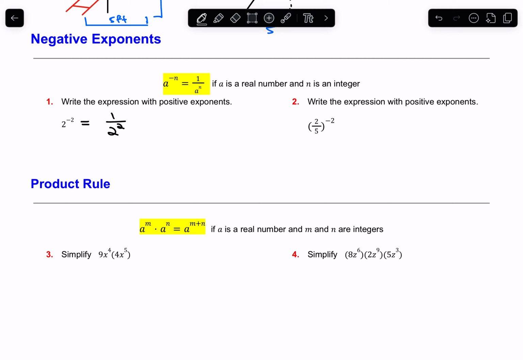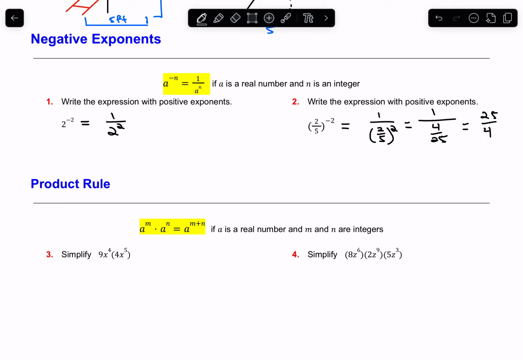If we look at number 2, 2 over 5 to the power negative 2, this could be written as 1 over 2 over 5 to the power positive 2, where we take that 2/5 to the negative 2 and move it to the bottom, make it a positive. But this is going to simplify, right? If we square what's down there, we're going to get 4 over 25, and then if we multiply by the reciprocal of that fraction, we get 25 over 4.